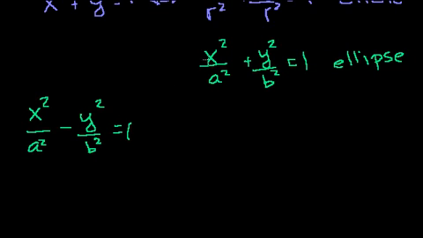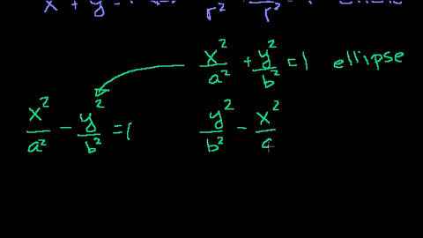Notice the only difference between this equation and this one is that instead of a plus y squared, we have a minus y squared here. So that would be one hyperbola. The other one would be if the minus sign was the other way around. If it was y squared over b squared minus x squared over a squared is equal to 1. So now the minus is in front of the x squared term instead of the y squared term.